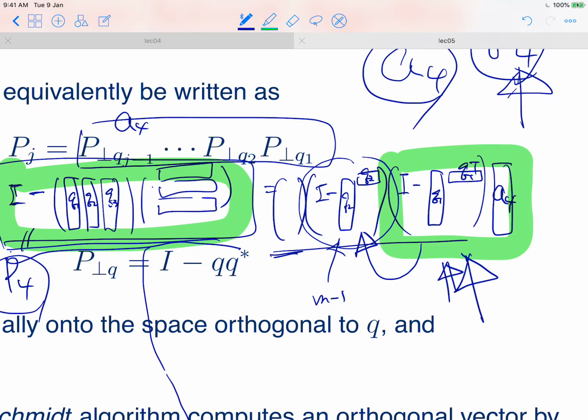In this form, how do we obtain the component corresponding to Q2 or Q1? In the case of Q1, to get the component corresponding to Q1, we compute the inner product of Q1 with the input vector A4.